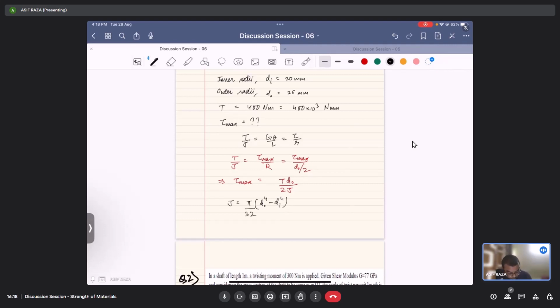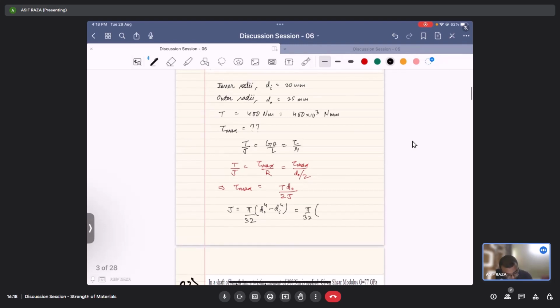So this will be equal to d naught 25 to the power 4 minus di 20 to the power 4, and let me find this.